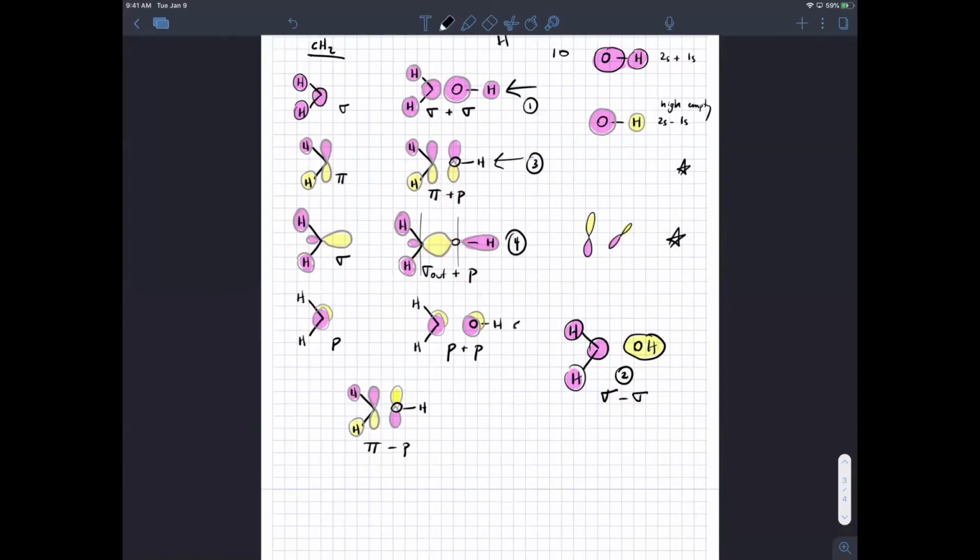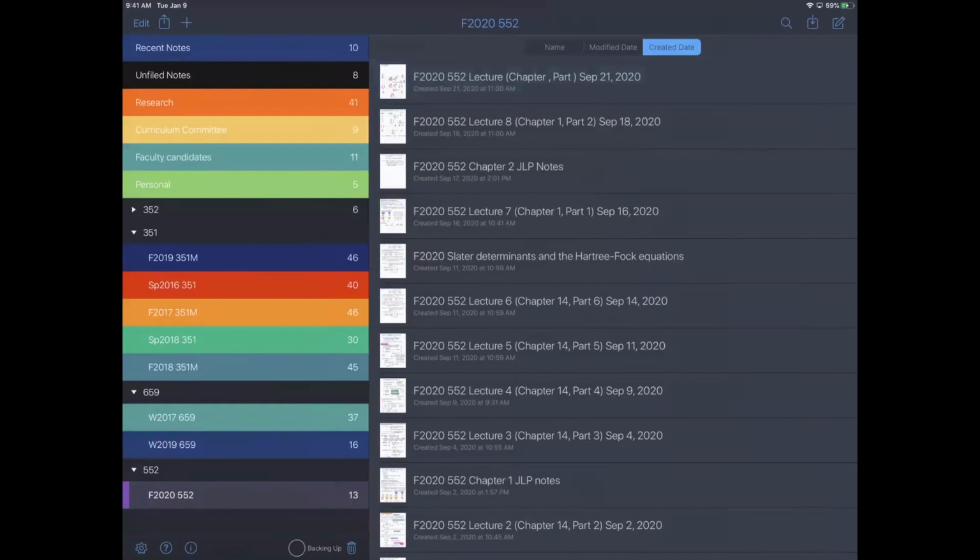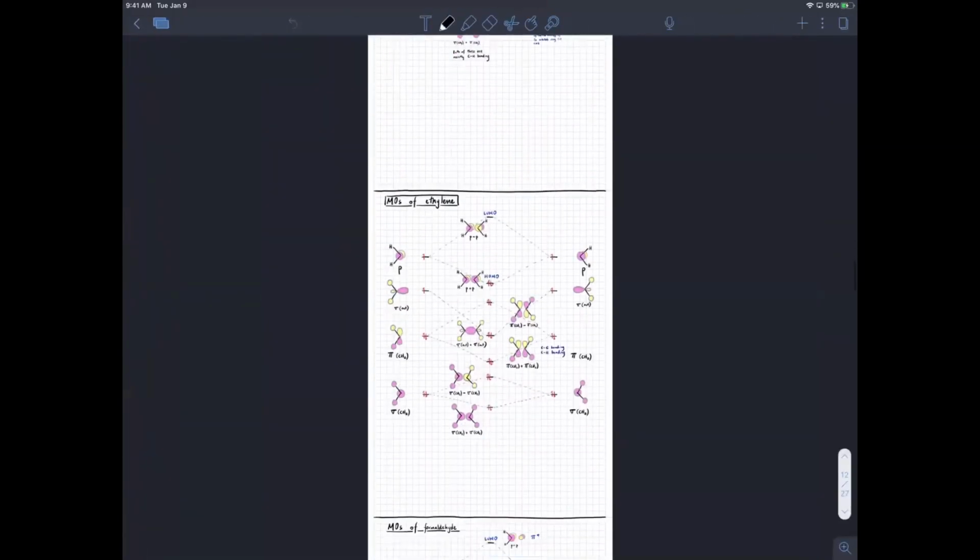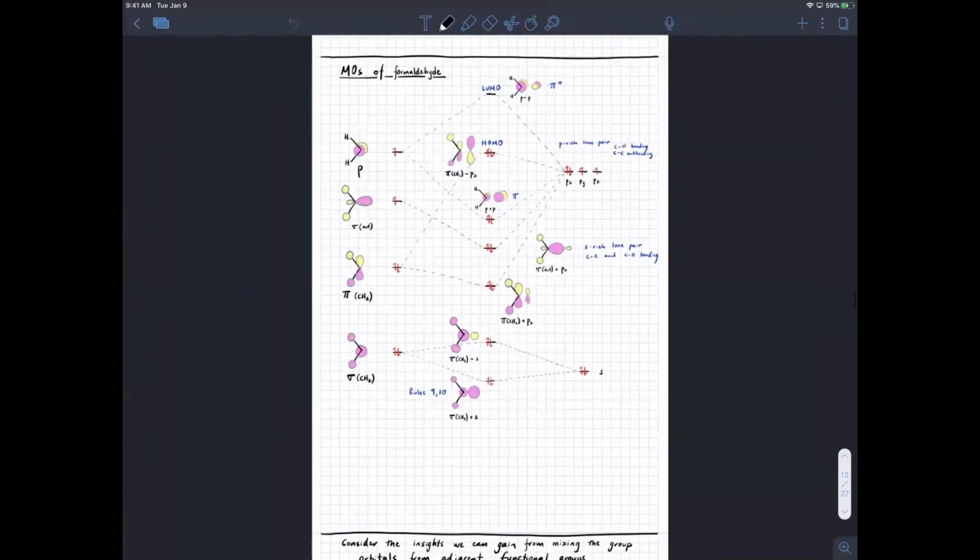Then in formaldehyde, the pi orbital is the pi bond, the p plus p combination is next. And then finally 6 is the pi minus p combination. I will copy over just for comparison so you can see the results for formaldehyde and where they come from.